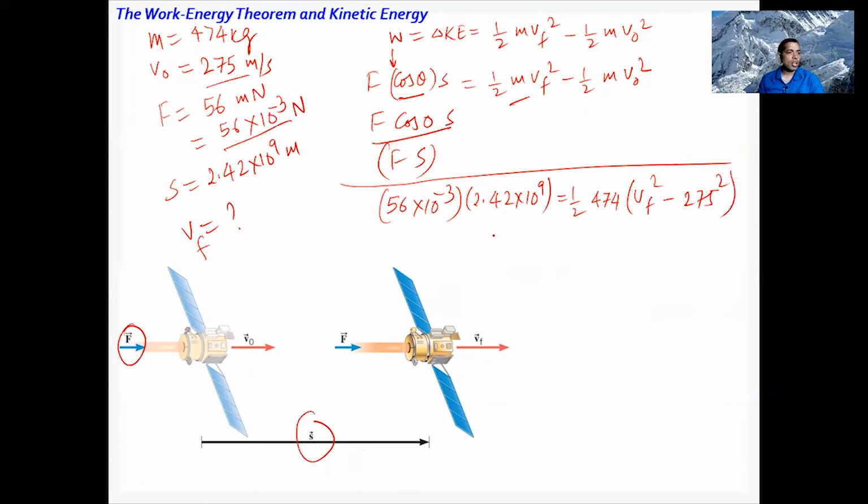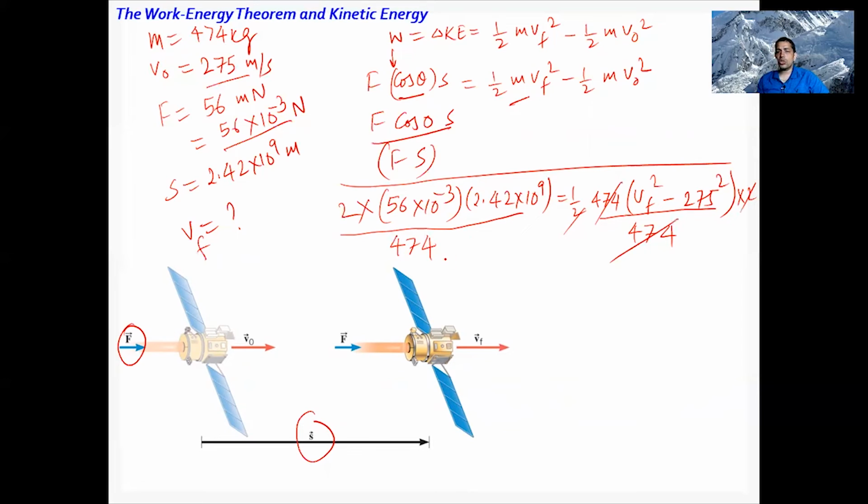Okay. So now if you multiply both sides by 2, then you cancel this 2. Divide both sides by 474. You got that. It's cancelled out.